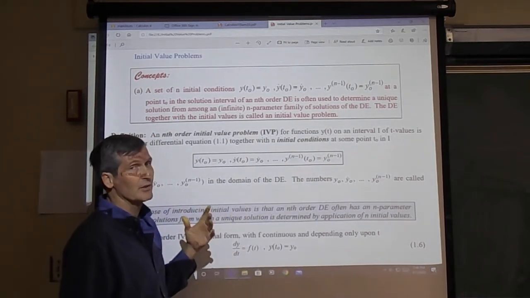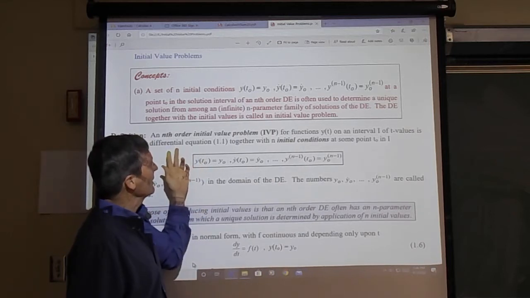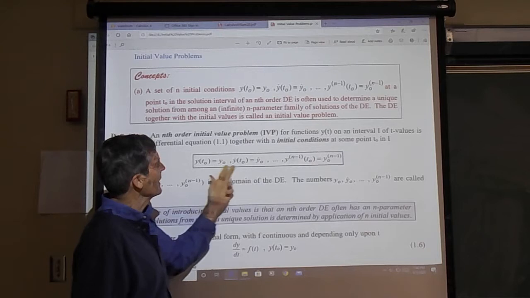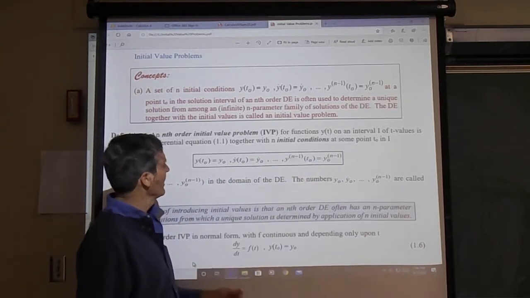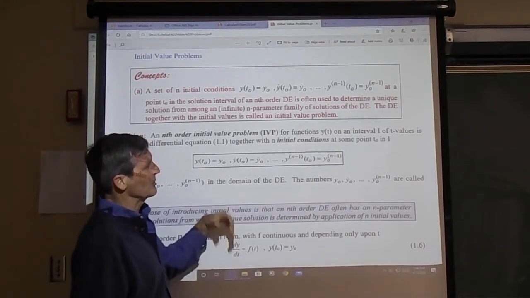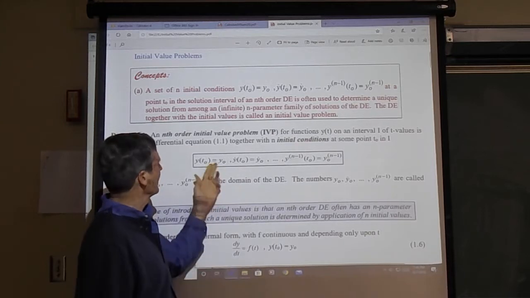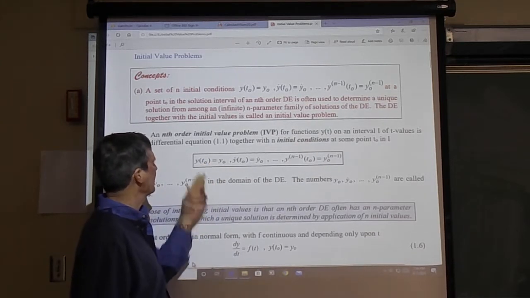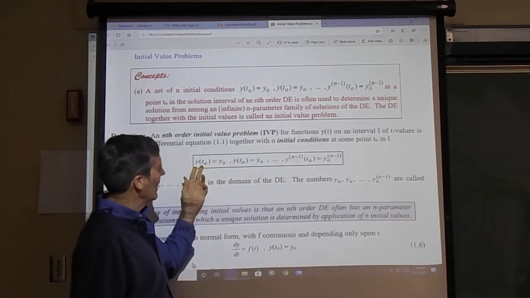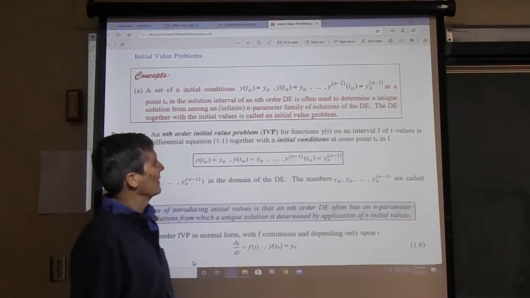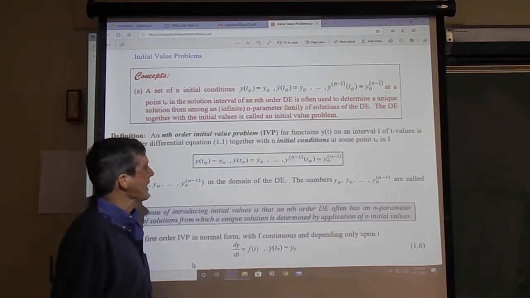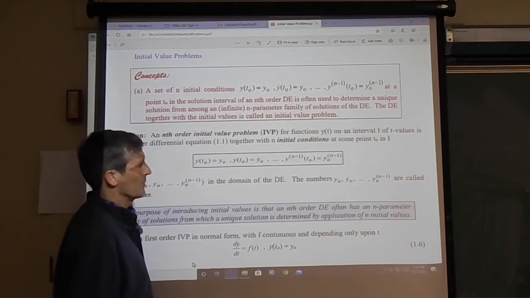So what happens in practice is you have an nth order differential equation. You apply n initial conditions. Thinking of if t0 equals 0, then it would be initially. But at whatever initial point you have, t0, y and its first n minus 1 derivatives are specified. That's n initial conditions to go with your nth order differential equation.